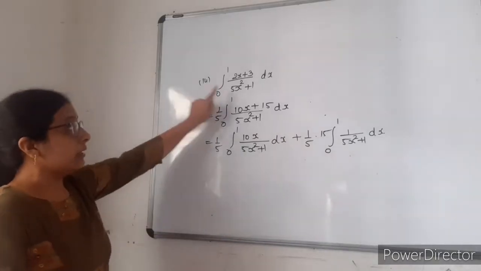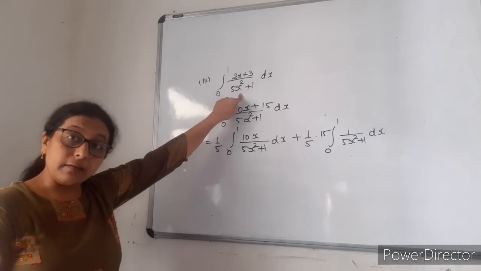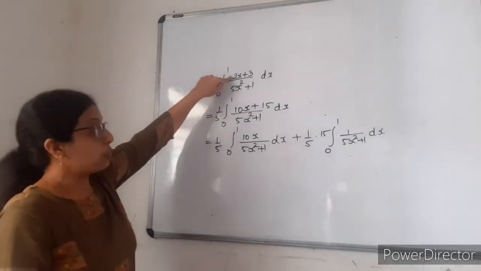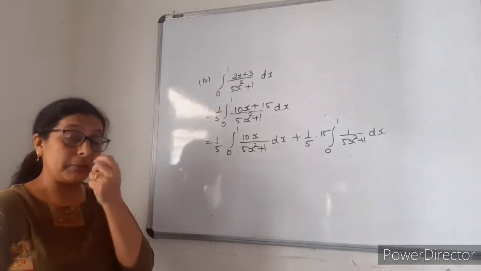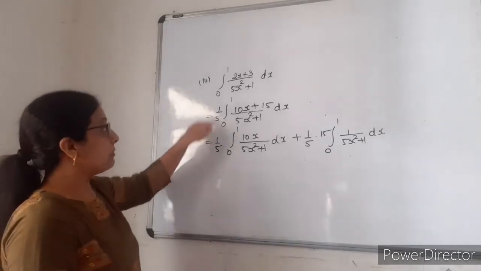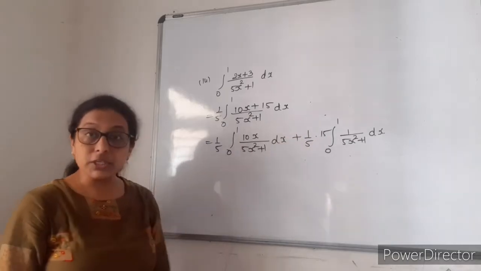What I have done is, below is 5x square plus 1, its derivative is 10x, so I wrote 10x. That means I have to multiply and divide by 5 to set the terms. So I have divided by 5 and multiplied by 5. Then separate the integration.